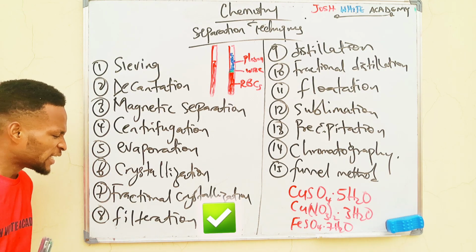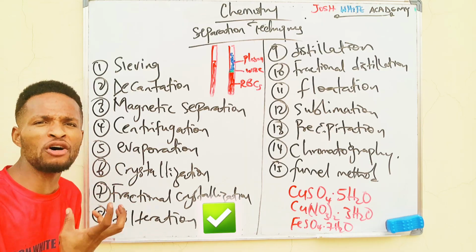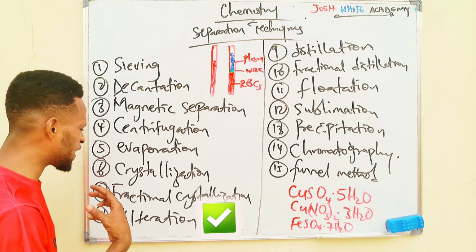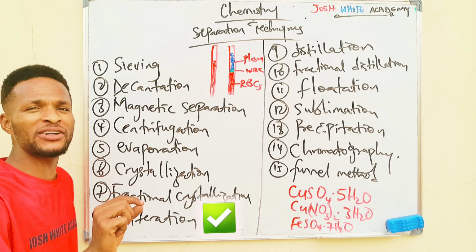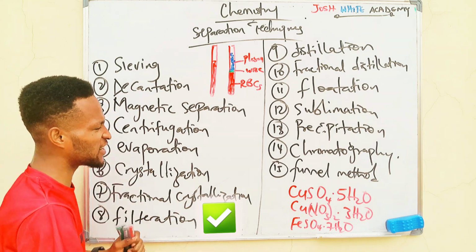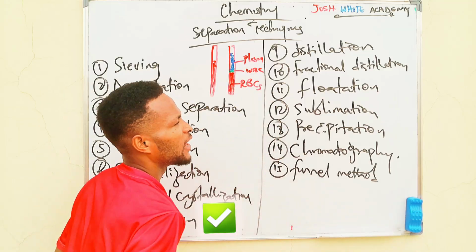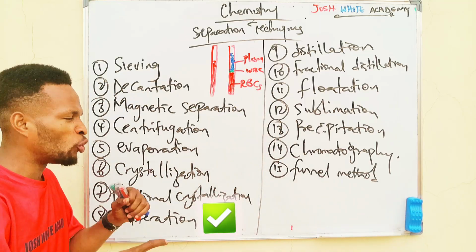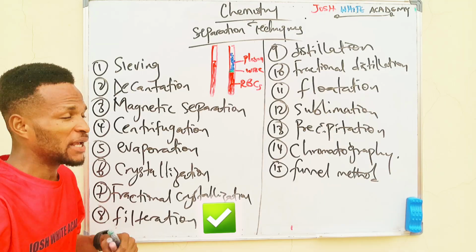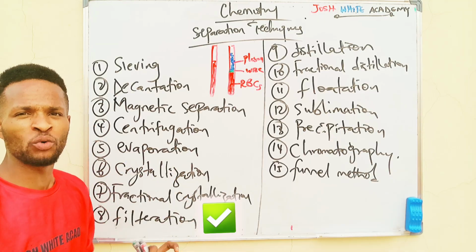Filtration is a separation technique where a porous bed like filter paper is used to separate an insoluble solid from a liquid. For instance, let's say our chalk suspension, we grind the chalk and mix it with water, and that forms a suspension because chalk is not soluble in water.